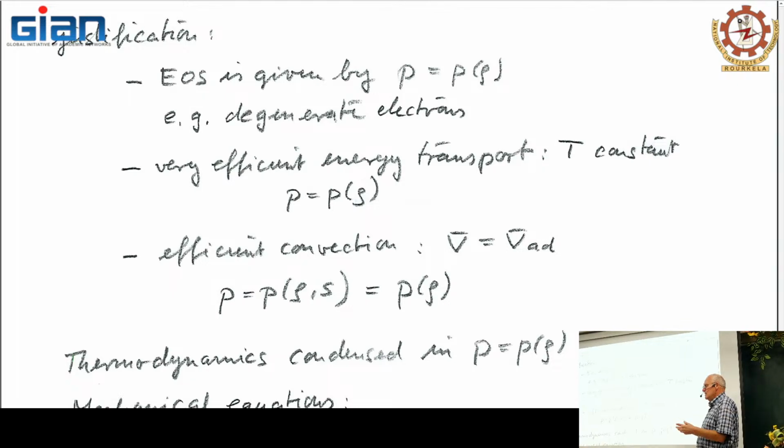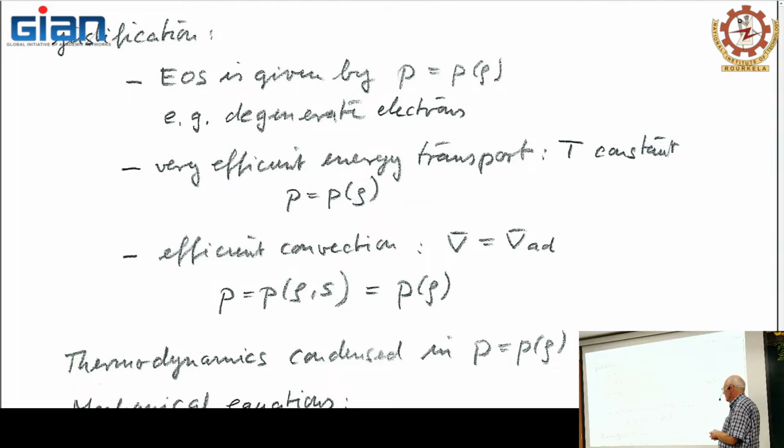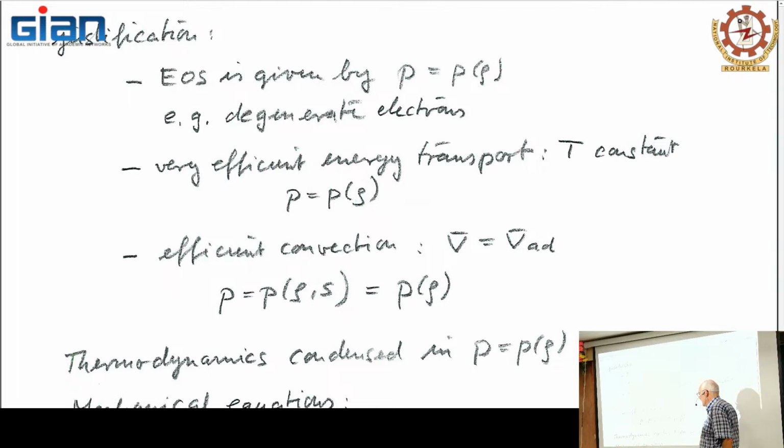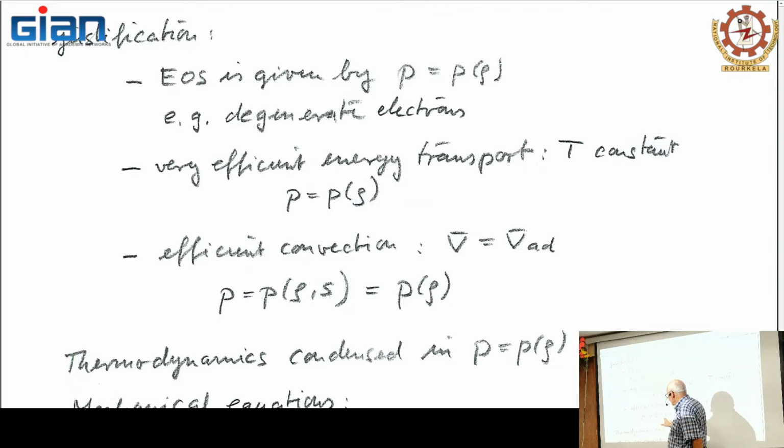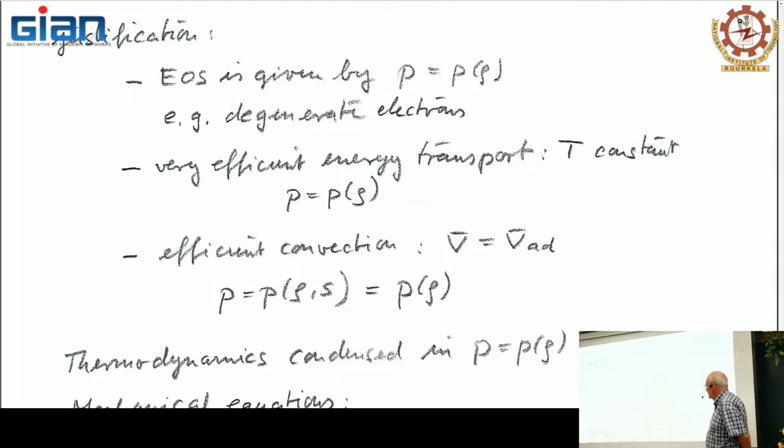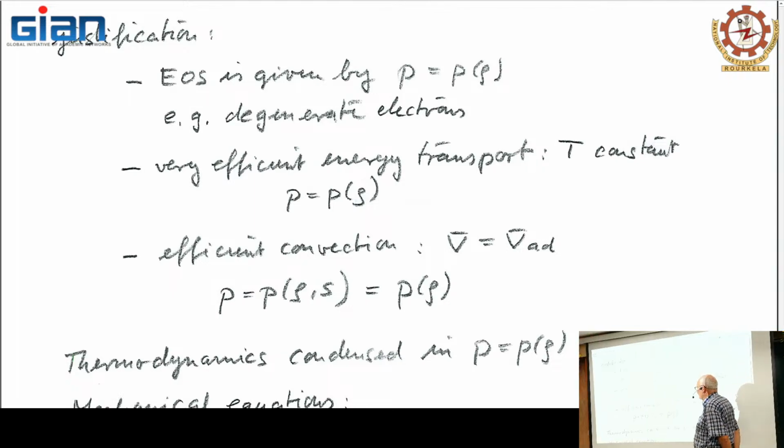This means convection is very efficient. Then the stellar models along the Hayashi line will lead to an equation of state where pressure depends on density and entropy. Once the entropy is constant, because nabla is equal to nabla adiabatic, this means the pressure is a function of density.